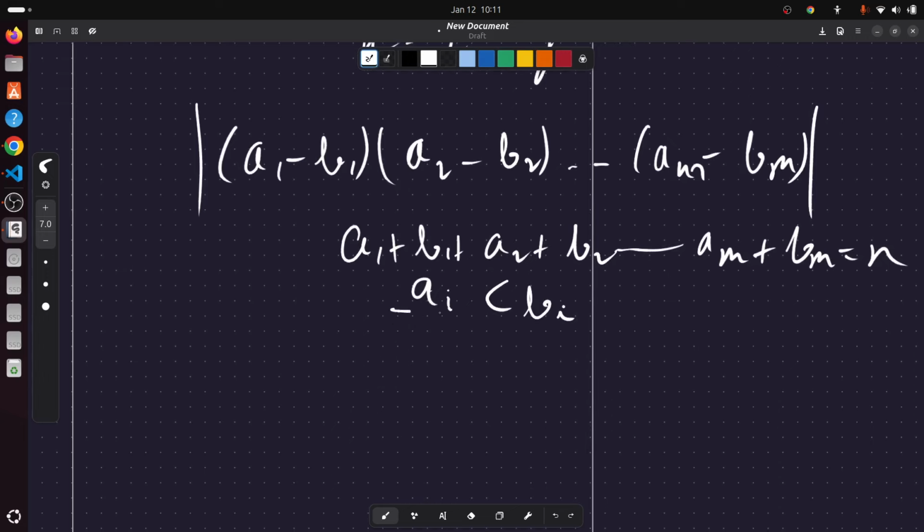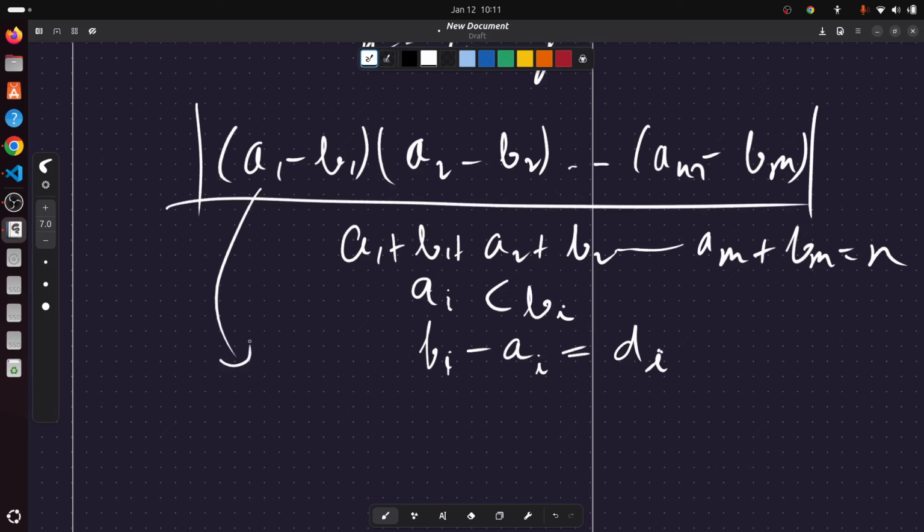Since ai is less than bi, let's assume that the difference bi minus ai is some di. So ai minus bi is minus di, or I can just write di because the absolute value will eat the minus. I can write this product as d1 into d2 into d3 up to dm.